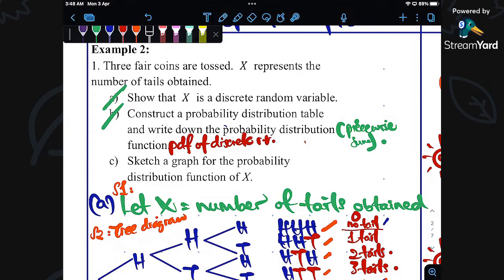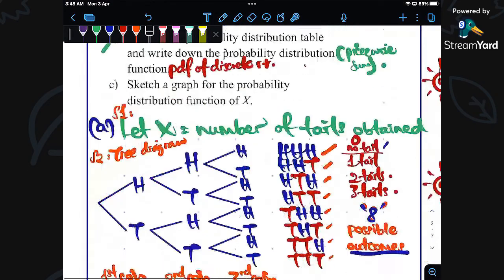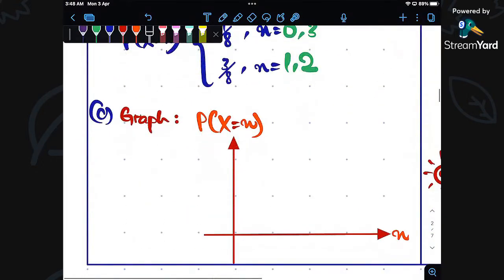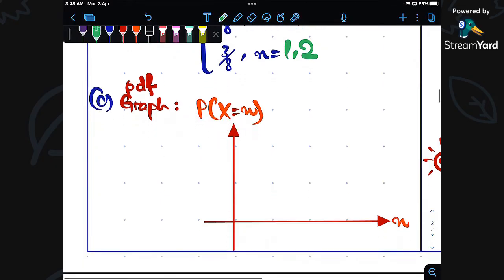Okay, we're done here. Let's do the last part, which is sketching the graph of the probability distribution function. So the last part will be to sketch the graph of the PDF here. I always love to write down this full name here, PDF graph. The graph consists of the x-axis and the probability axis, P(X = x). The thing is, what is the value of x? Again, you question yourself.